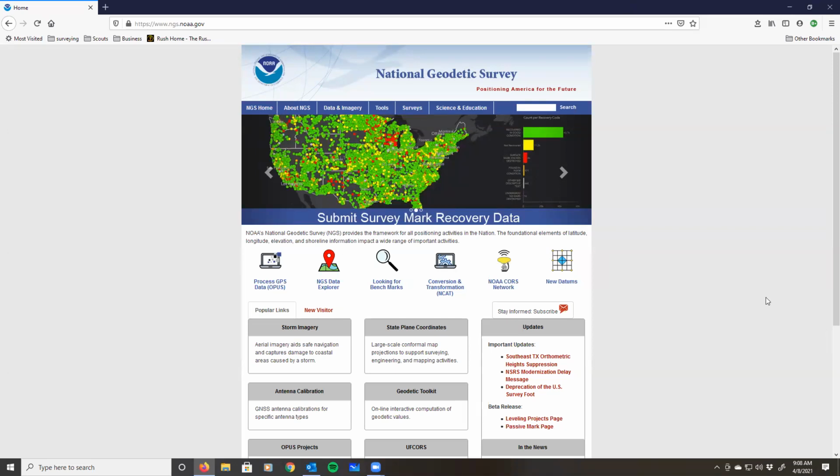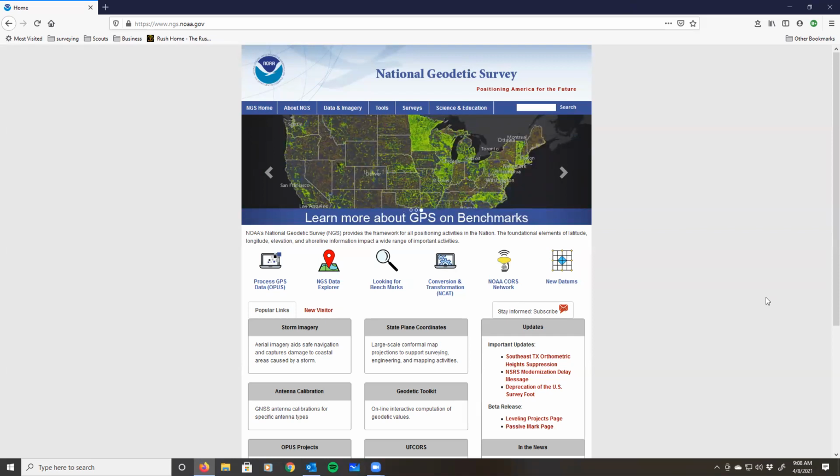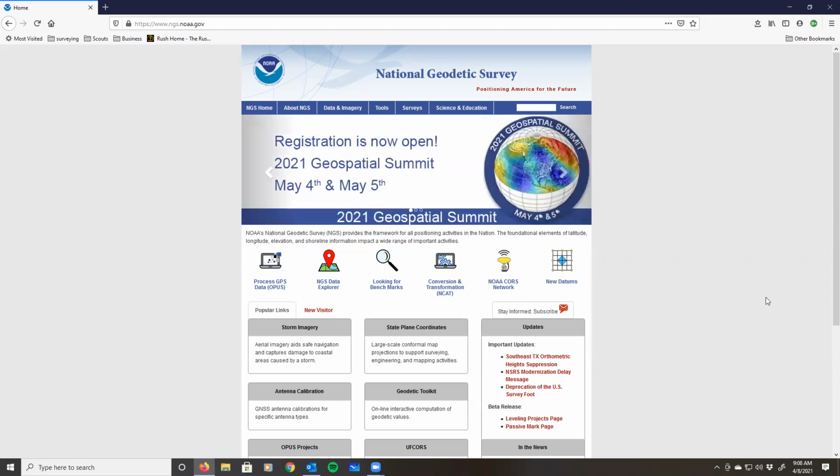Okay, I've got a website up that I highly recommend that you get used to using. This is the NGS, or National Geodetic Survey website. NGS is part of NOAA, the National Oceanic and Atmospheric Administration.